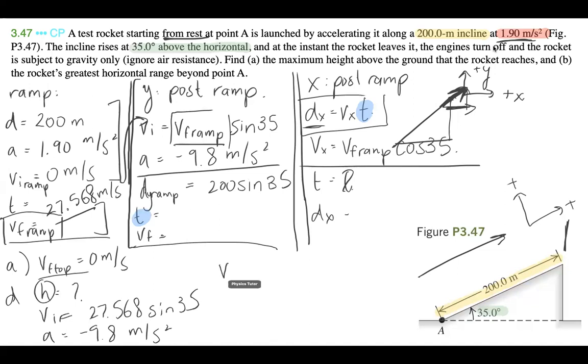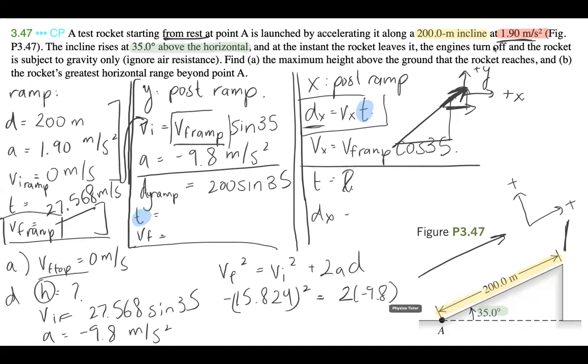So we have, again, VF squared is equal to VI squared plus 2AD. And what we get is minus 15.824 squared. So this is actually squared, and we move it onto this side. We subtract VI squared from both sides, which is equal to 2AD, which is 2 times minus 9.8 times this distance, which is the height that we don't know.